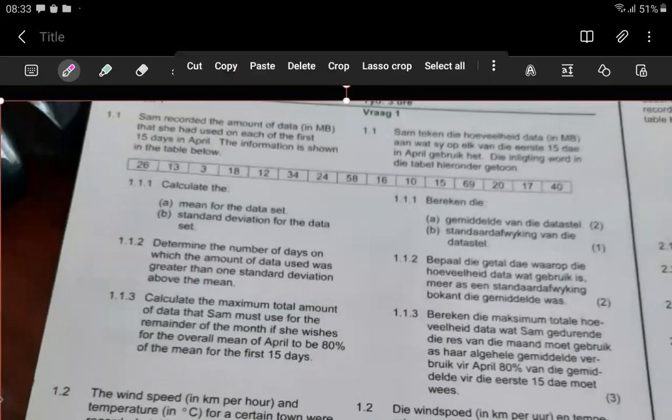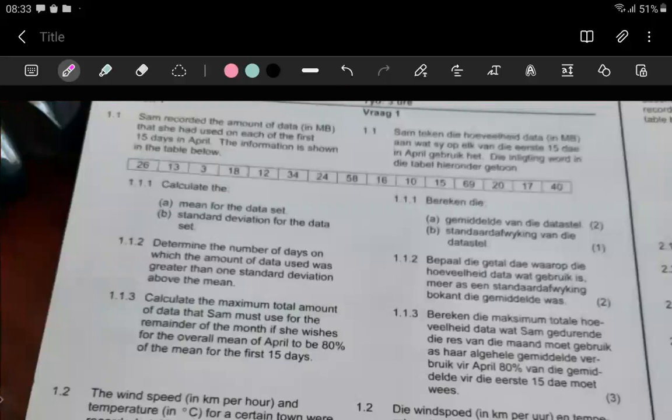So putting in the calculator, we know you press mode and then stat and then var, put in the data, and then what else? After putting in the data, you press shift and then the number one button for stat, and then obviously you do whatever you need to do.